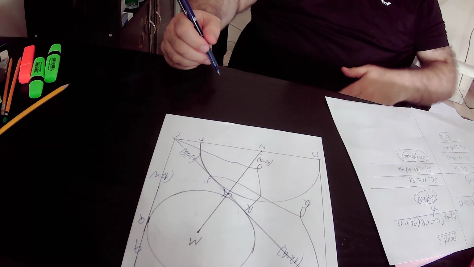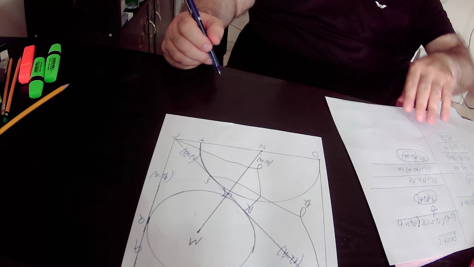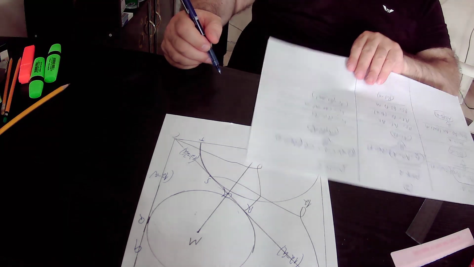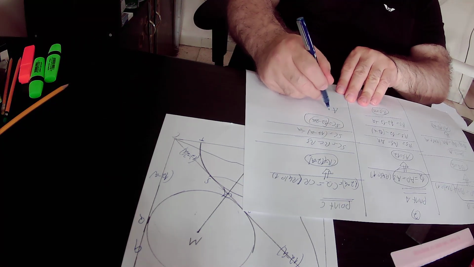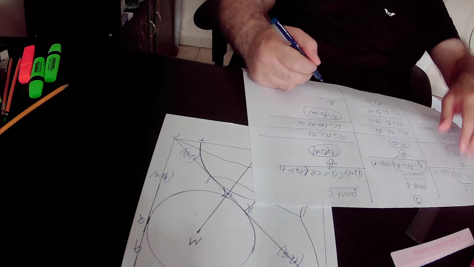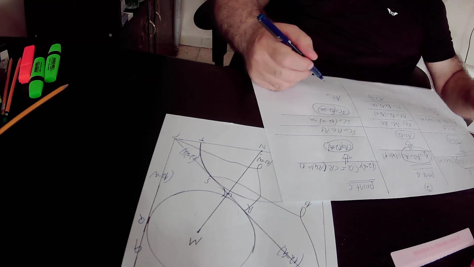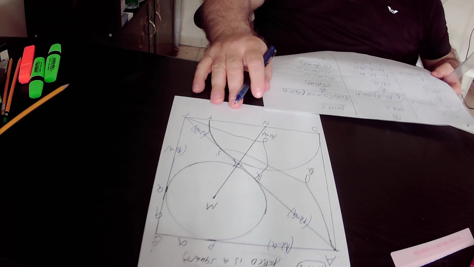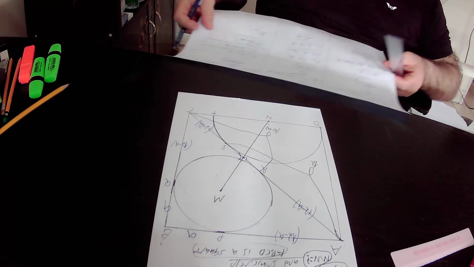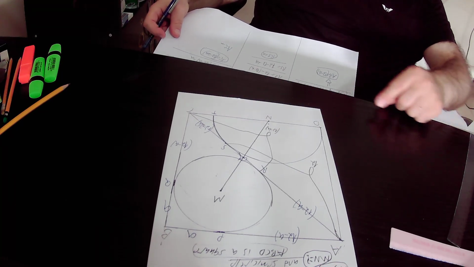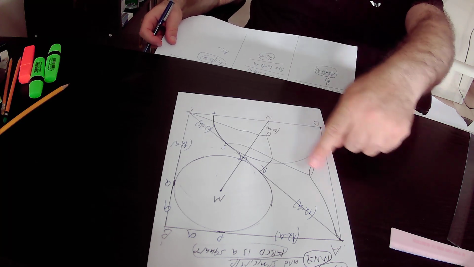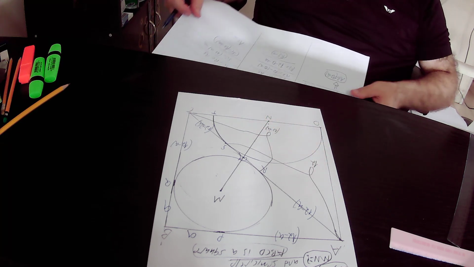And what is the value of diagonal AC? From the drawing, it is very easy to see that the length of diagonal AC is equal to AR plus RC.